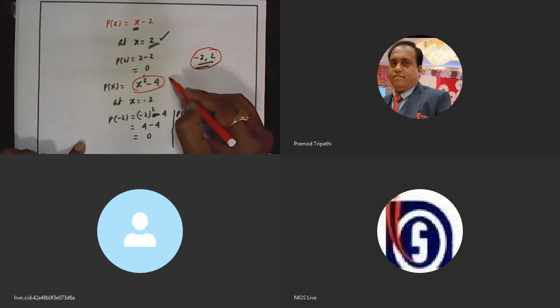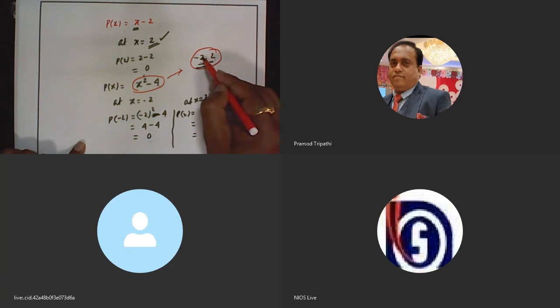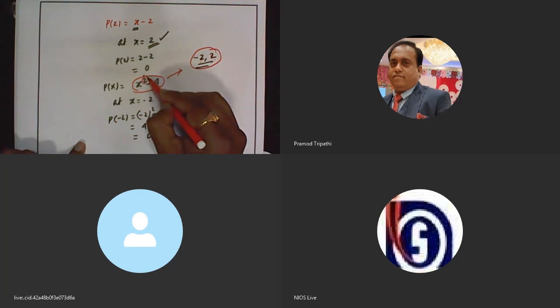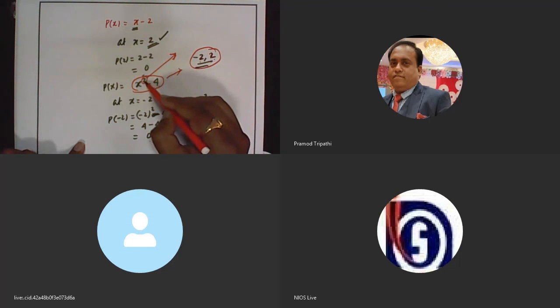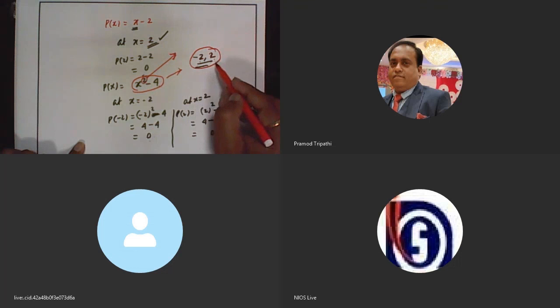The number of zeros depends on the degree of the polynomial, which gives the maximum number of zeros. If the degree is 2, the maximum number of zeros will be 2.